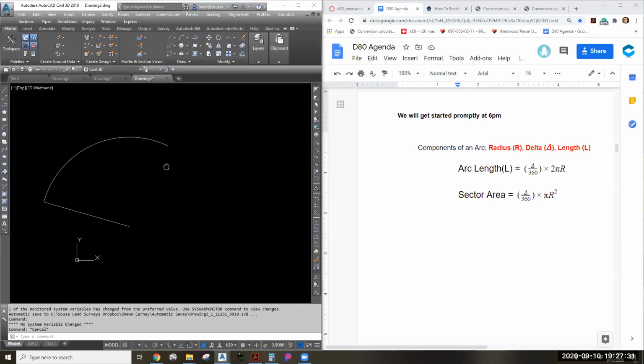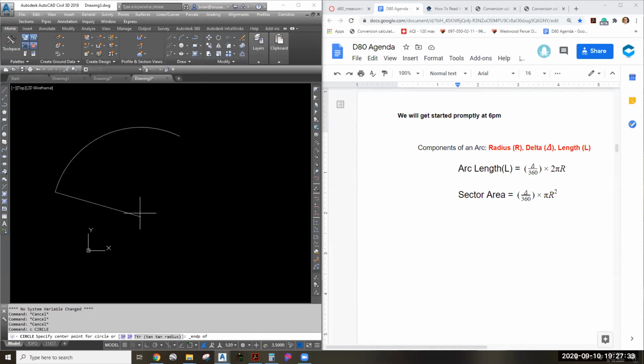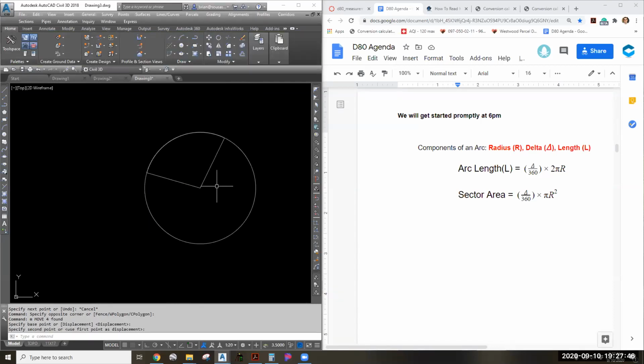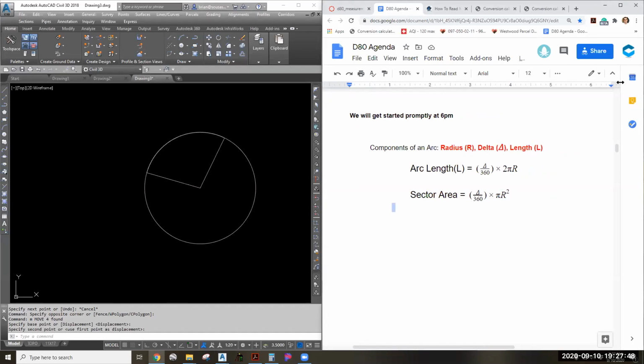let's say we had a full circle, just to visualize it a little better. The arc length is delta over 360 times 2 pi r.